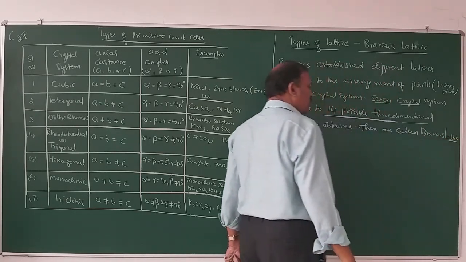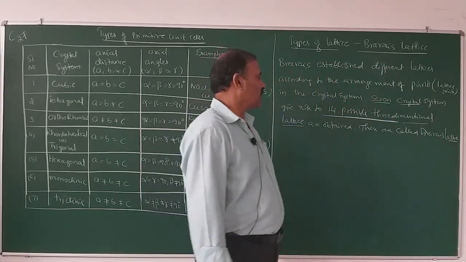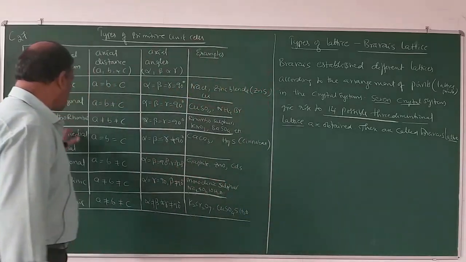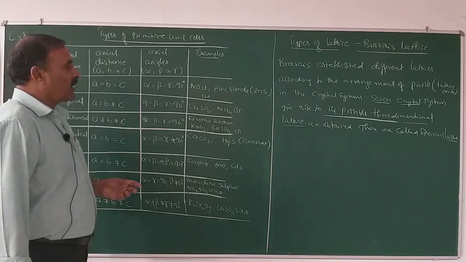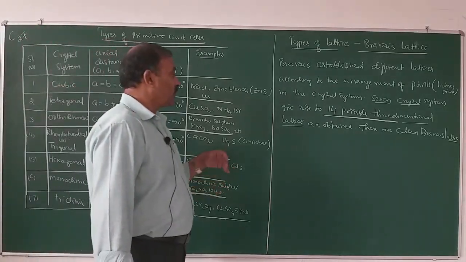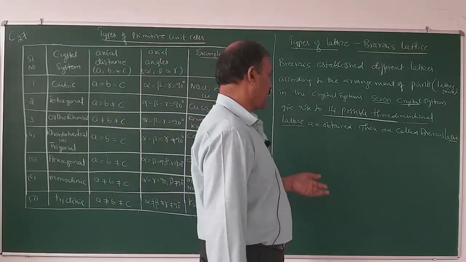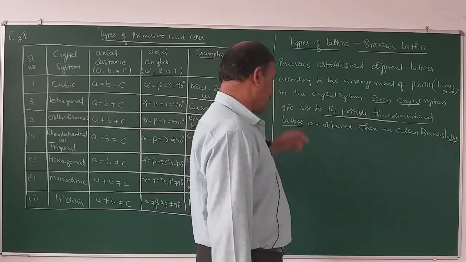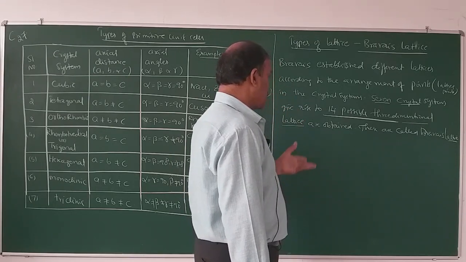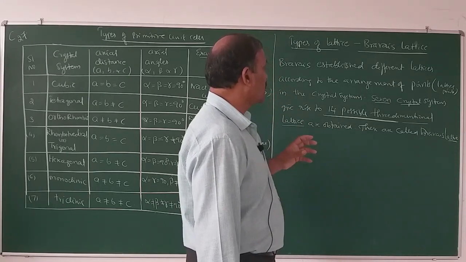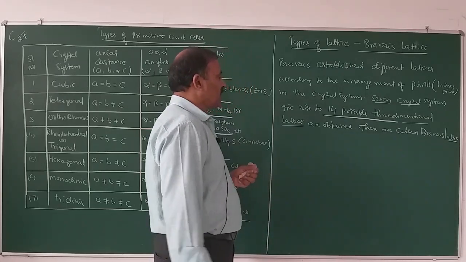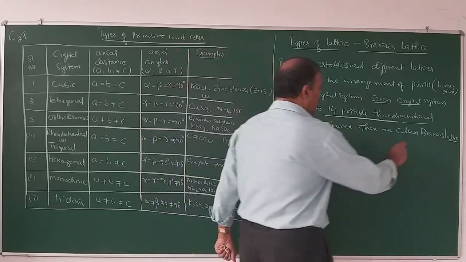So by arranging lattice points in the 7 crystal systems, Bravais established different lattices. By arranging points in various 7 crystal systems, Bravais arrived at 14 different types of lattices. Those lattices are called Bravais lattices.